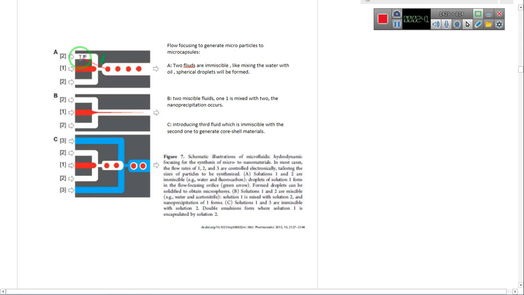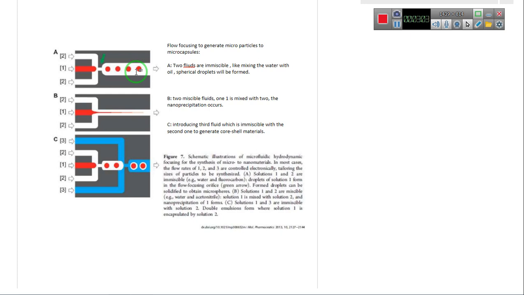For example, consider this geometry. If the two fluids are immiscible and they flow, a sort of focusing will happen at this side, and these droplets are formed. You know, these droplets, you can consider them as the micro reactors.